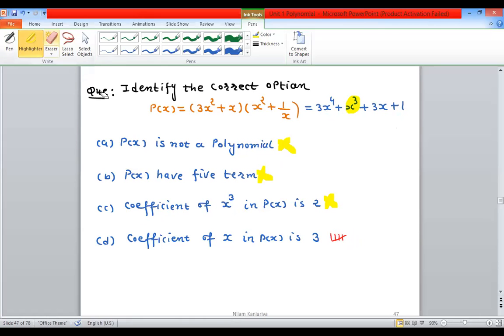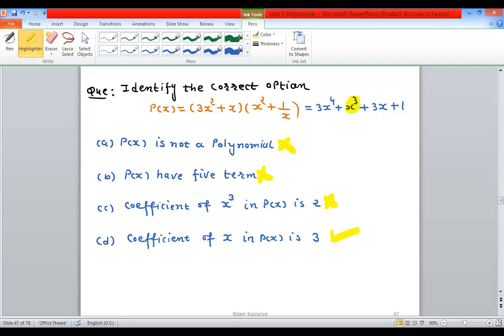Now the last one remains, so the last is the answer, hopefully. Look at the coefficient of x, it is 3. So this satisfies our condition, and option D is right. Understand?